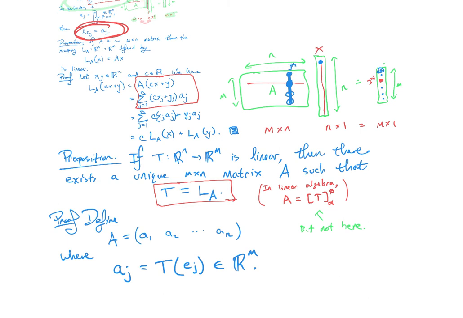So at the very least, we got the size right. We've got n columns, and they're all vectors in Rm.